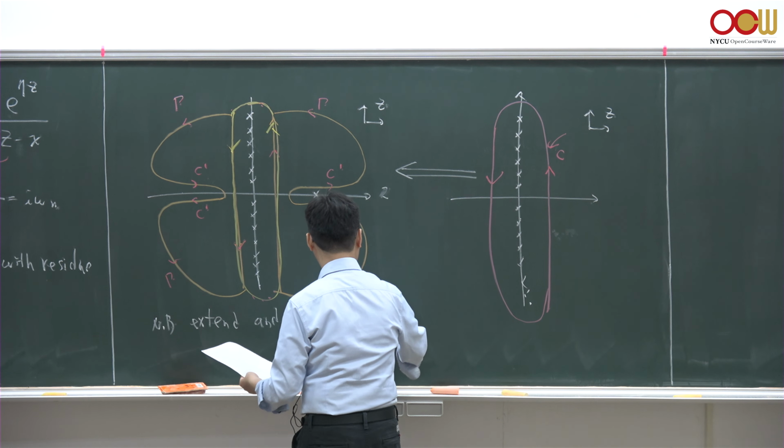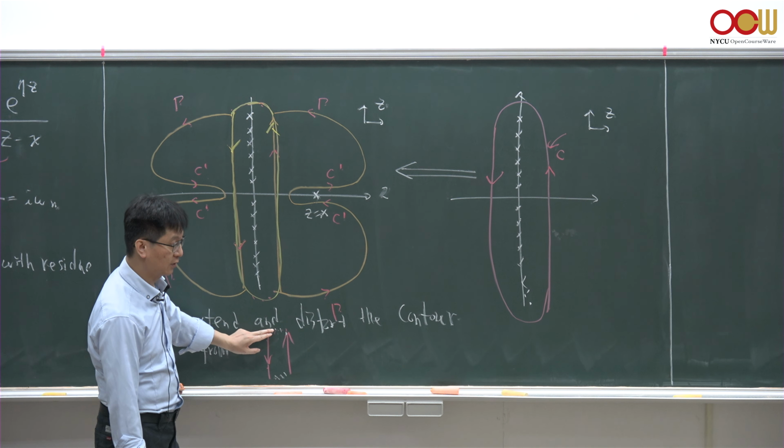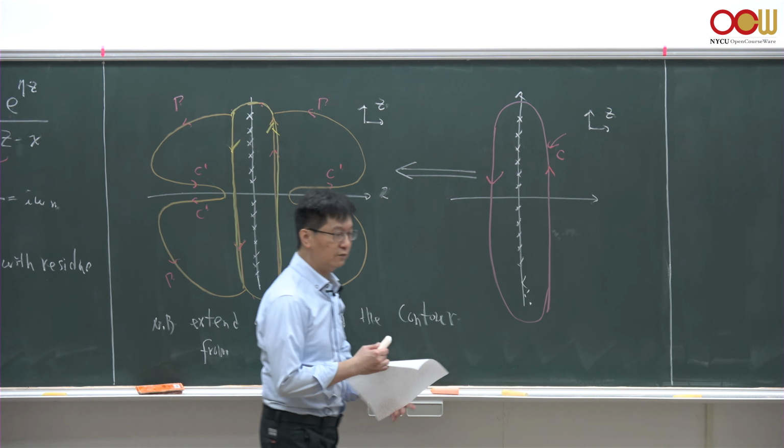And remember, when we deform this contour from the red circle to this orange contour, we actually make such an approximation that very high values in this iω_n along this imaginary axis and well below this real axis, or almost plus or minus infinity, above and below this real part of z is actually negligible.